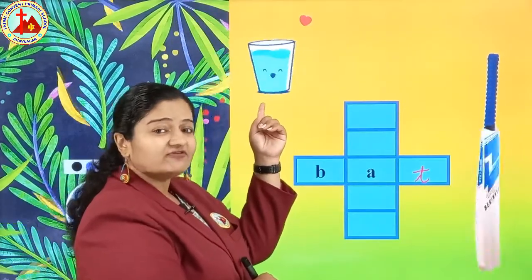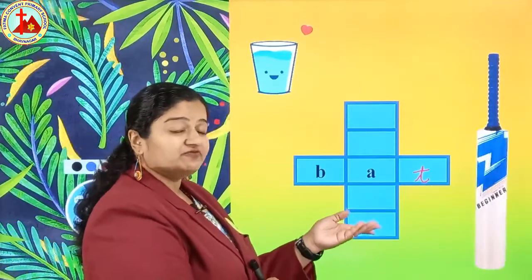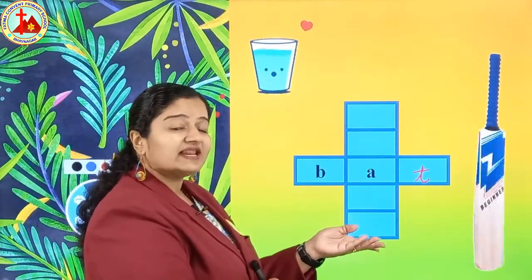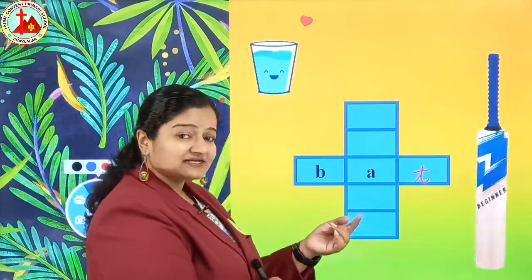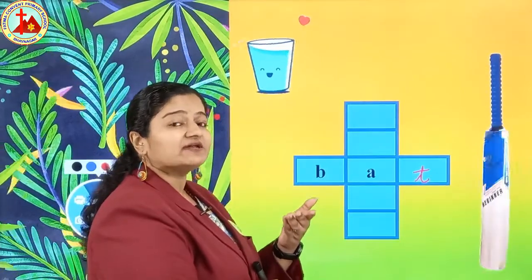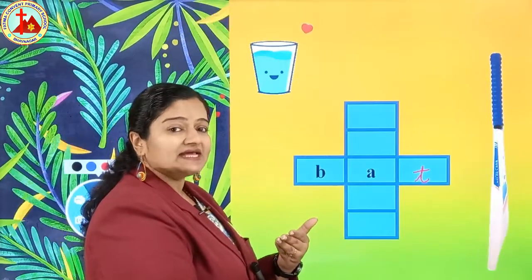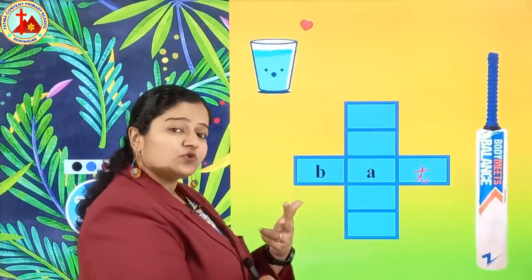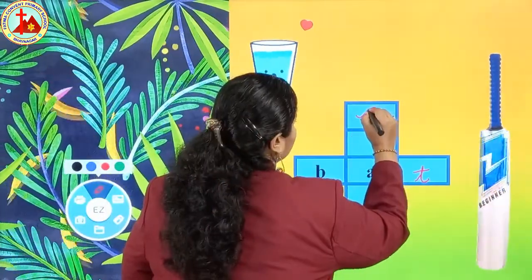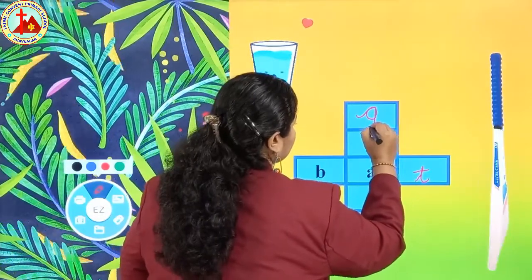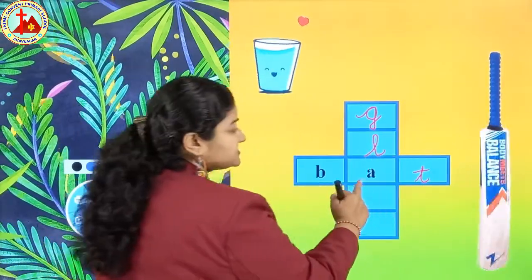Now, another picture is glass. So, here we have to write glass. But before that, what is the spelling of glass? G-L-A-S-S, glass. You have to repeat after me. Again. G-L-A-S-S, glass. Double S means 2 times you have to write S. So, let's write G, L, A is written, children.